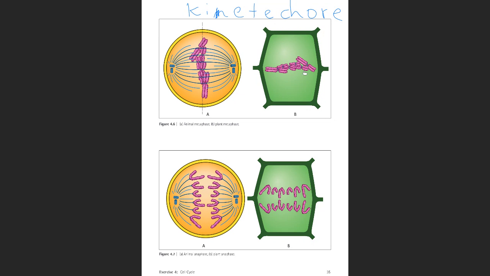I don't like this picture for the simple reason that it shows like there are no mitotic spindles. There are mitotic spindles over here too in the plant cells, but other structures play a role in forming the mitotic spindles of the plant.